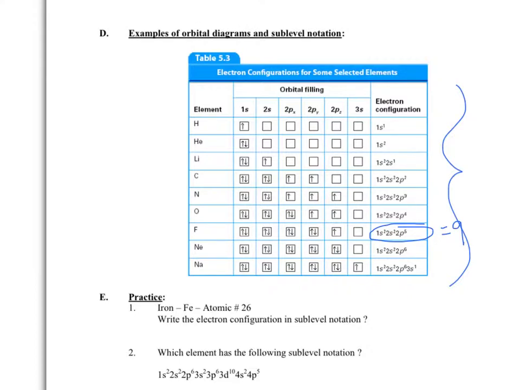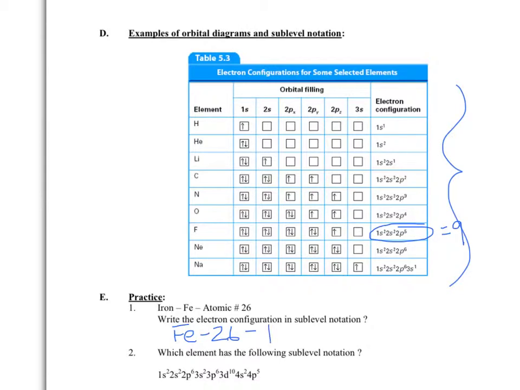So let's do an example. Let's look at iron. And iron has 26 electrons. And so we would write it like this. The way that I generally have you do it is I put an Fe, which is the symbol, then I put 26, because that's how many electrons we have to work with. And then it's just a matter of adding the electrons.